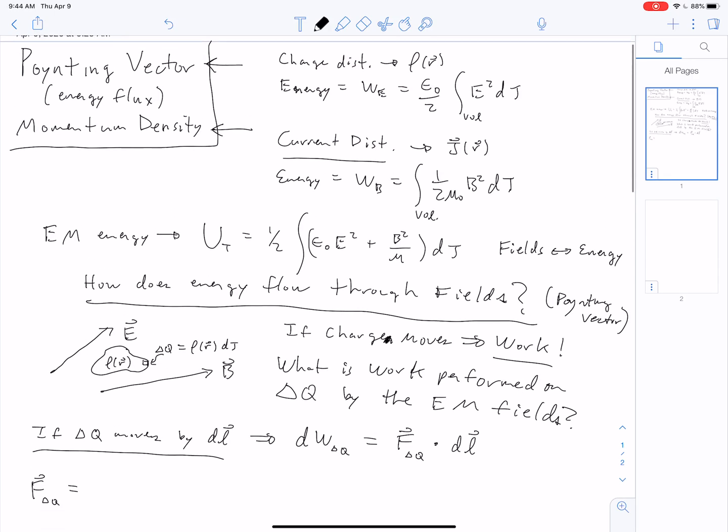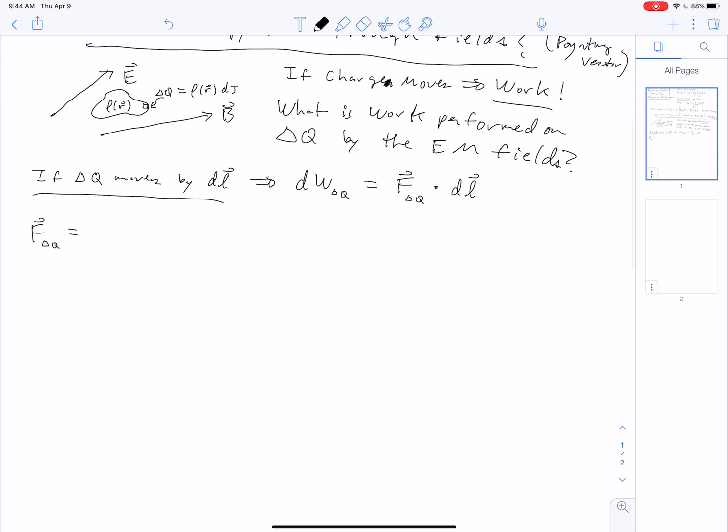And so that force is delta Q times the electromagnetic fields. I have an electric field plus I have a magnetic field. And so I have my electric field force and I have my Lorentz force.